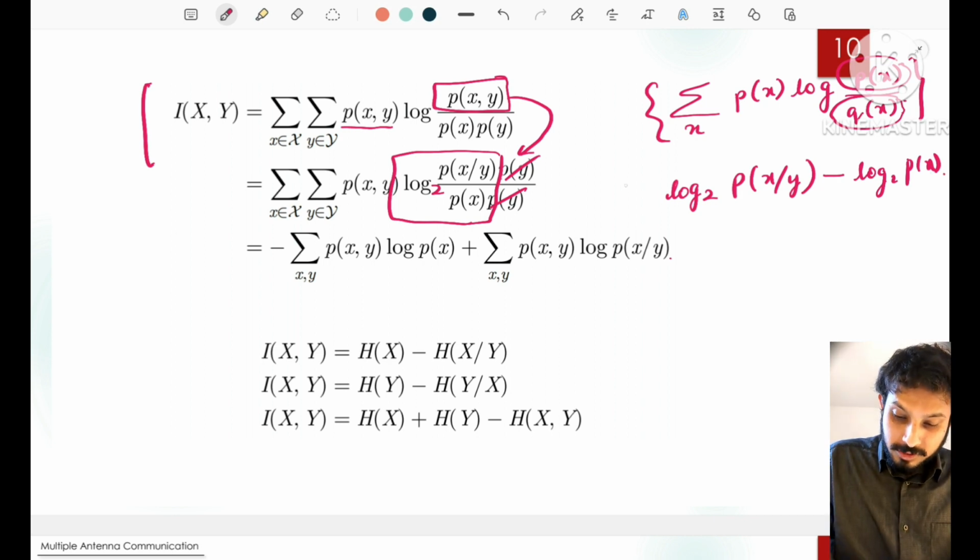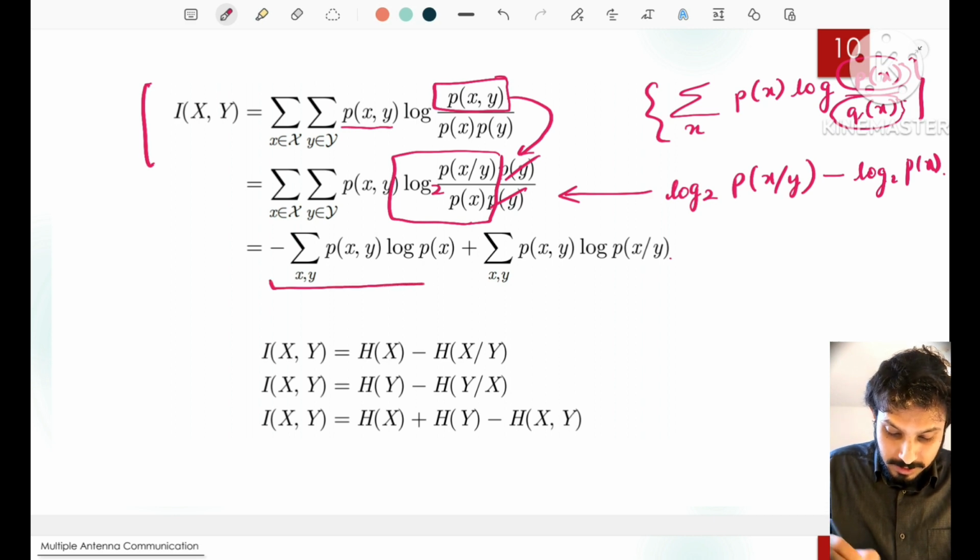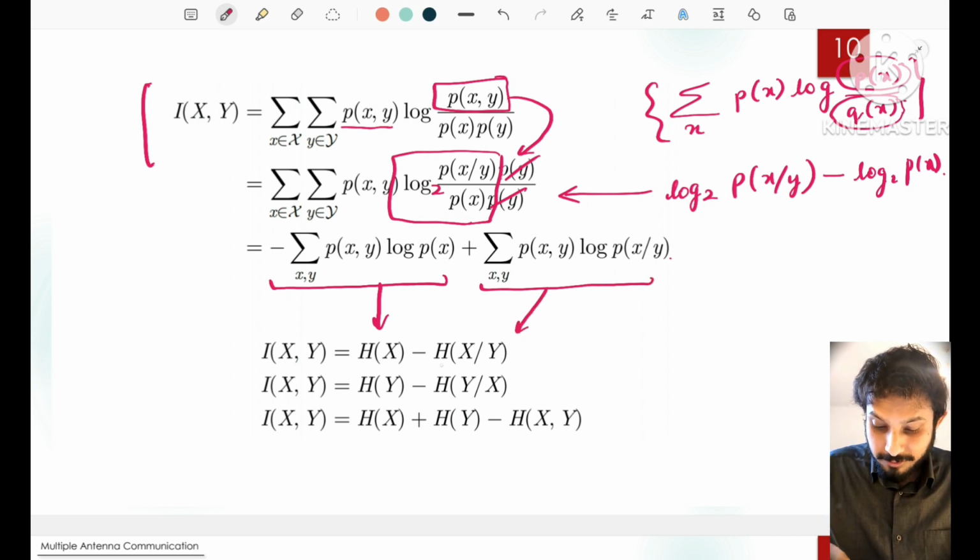Then if we substitute this into this expression, we are left with this form. This is the entropy of x, and this is the negative of the conditional entropy H of x by y.